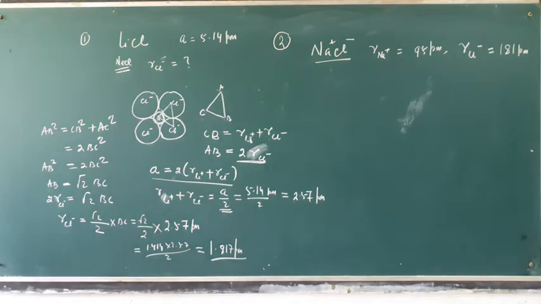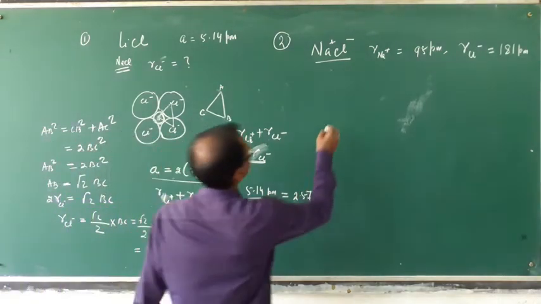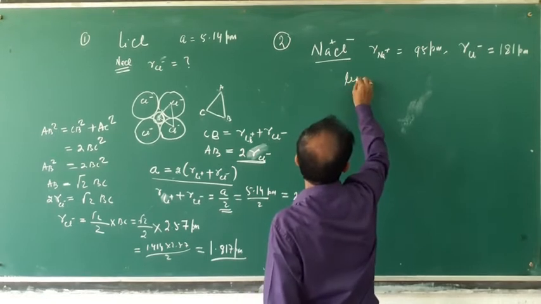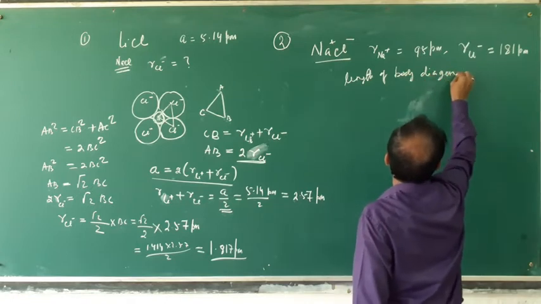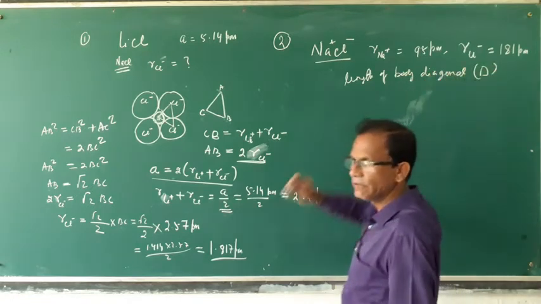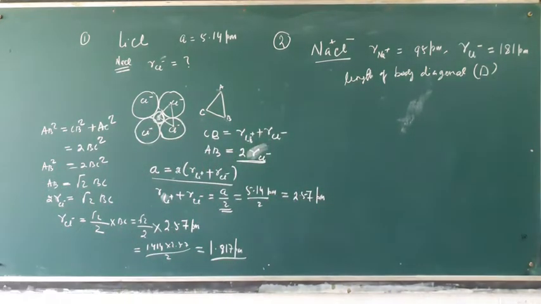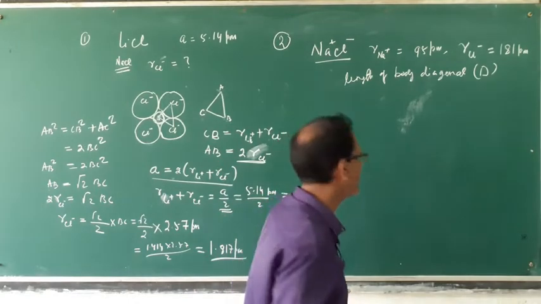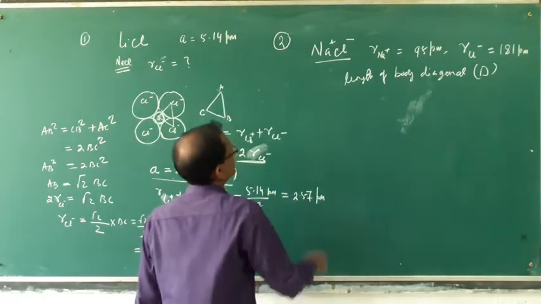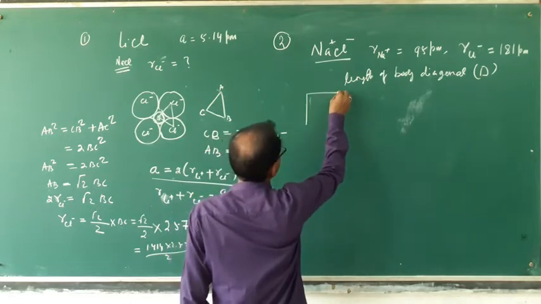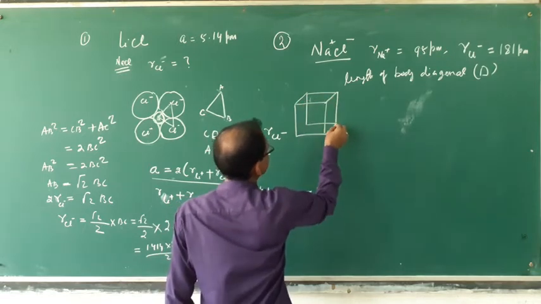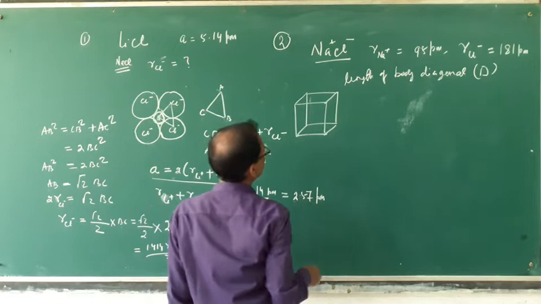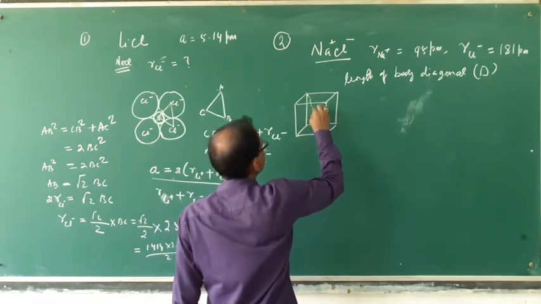But the question is, we will first calculate the length of the body diagonal, which is capital D. You know, if you see the cube construction, the body diagonal means from this corner to this corner.